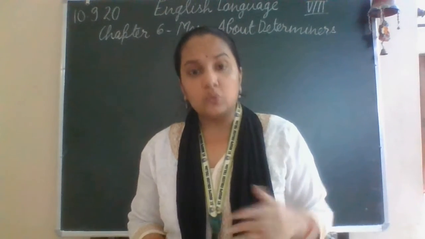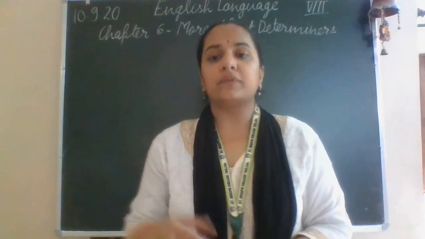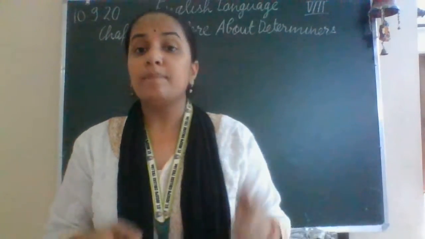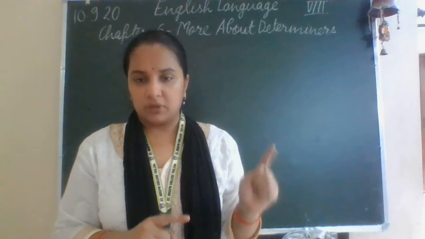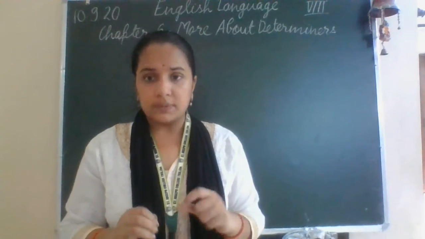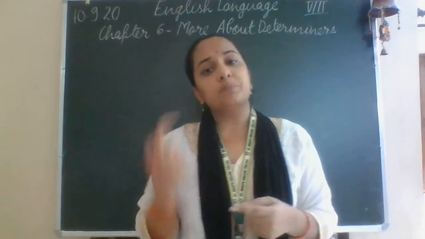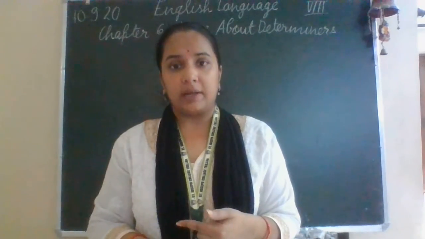Determiners are used on the basis of singular, plural, countable, or uncountable, that we have discussed in chapter 3: the nouns, countable nouns, uncountable nouns, singular nouns, plural countable nouns.